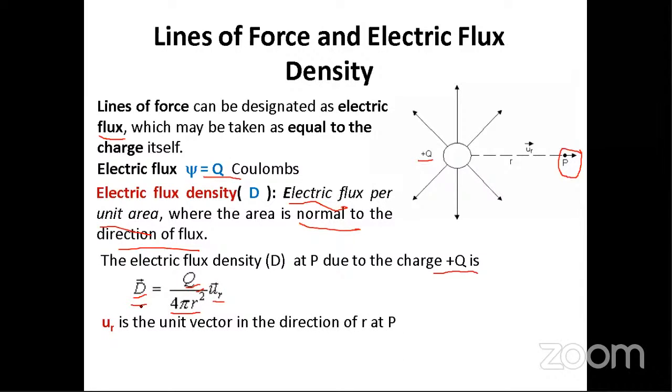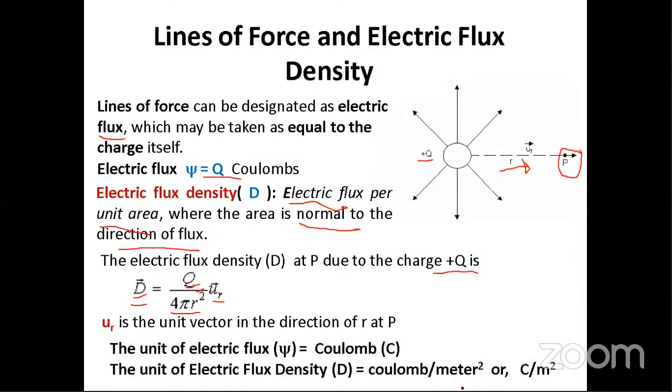So UR is the unit vector in the direction of R at P, and you have to remember the unit of electric flux and the unit of electric flux density, because we frequently require them. The unit of electric flux, which is nothing but a charge, is Coulomb.